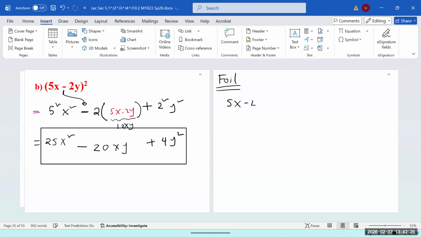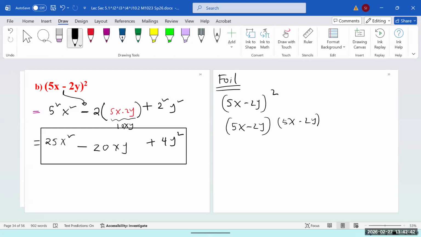We have 5x minus 2y squared. So remember, square means multiply your base twice. So 5x minus 2y, 5x minus 2y. Same thing twice. And then you use either box method or FOIL method, whatever you want to do. You take one element and you multiply every element in the second binomial. So 5x times 5x.